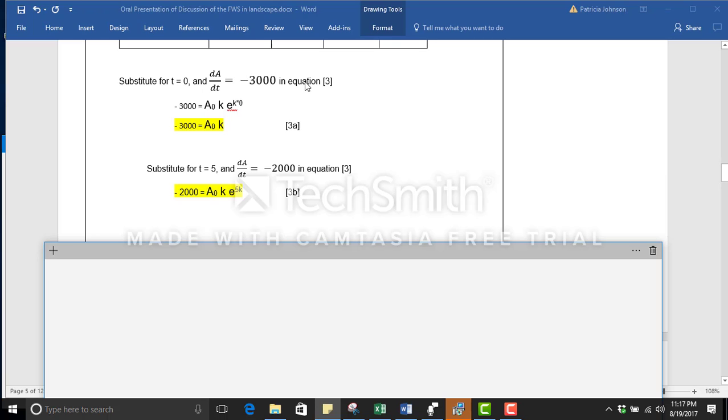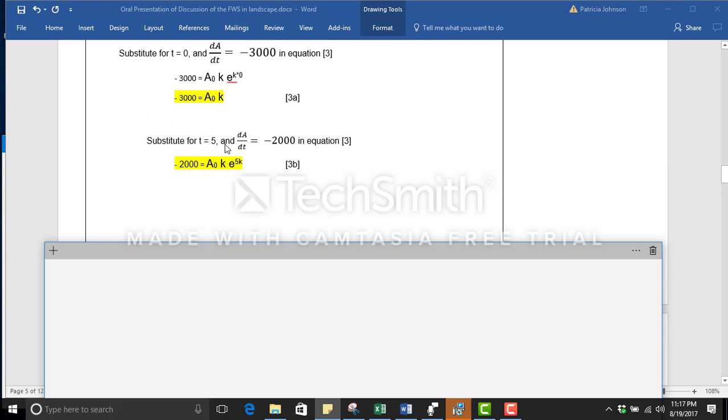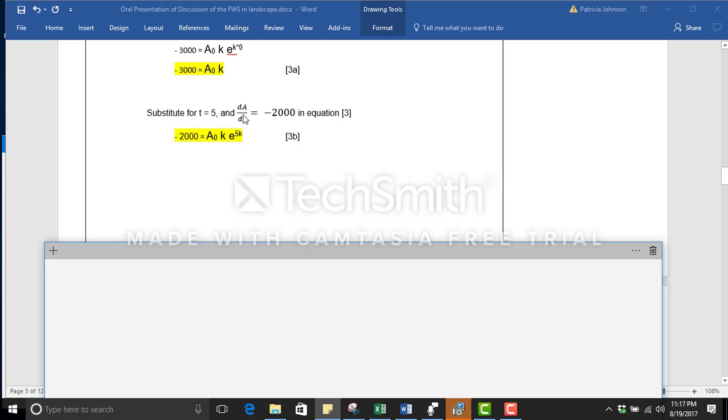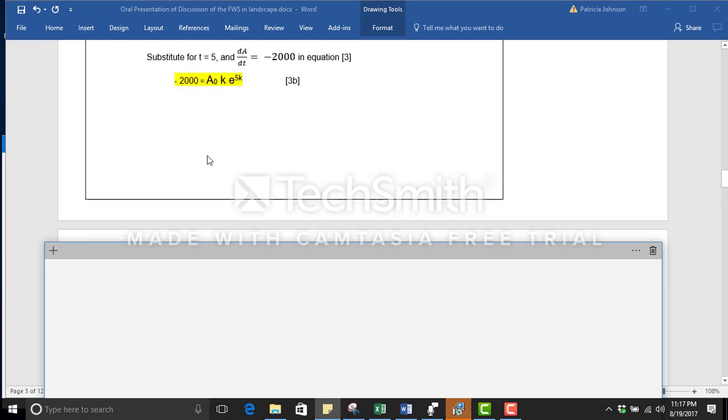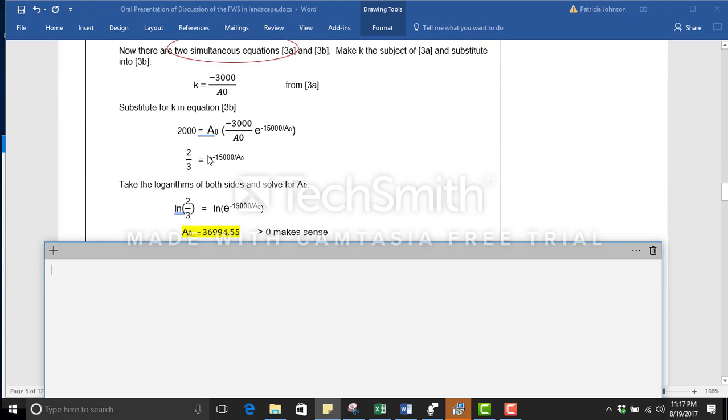At t equals 0, minus 3,000 equals A naught times K times 1. At t equals 5, minus 2,000 equals A naught times K times e to the 5K. Now we have our two simultaneous equations. We can solve for K in terms of A naught and substitute it into this equation here to arrive at a numerical value for A naught, which we do.